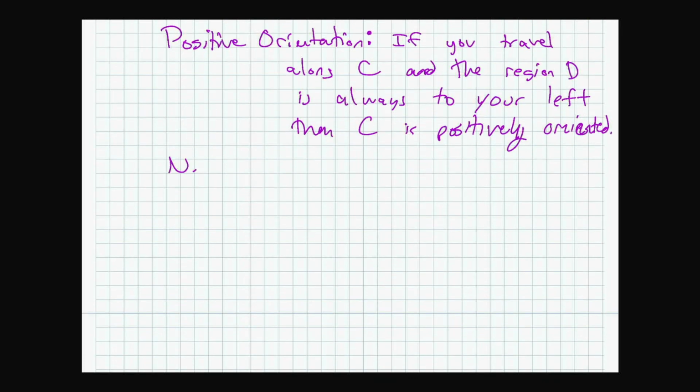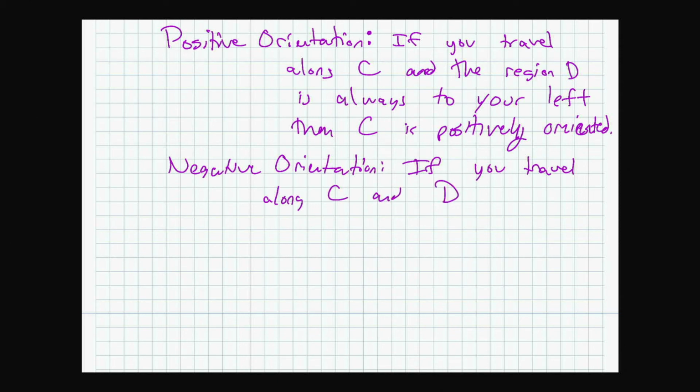Negative would be the opposite. If you travel along C and the region D is always to your right, then C is negatively oriented.